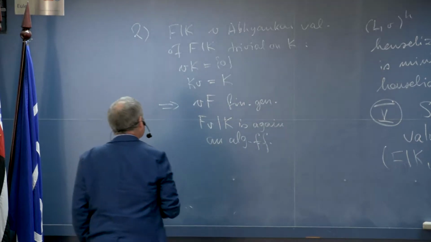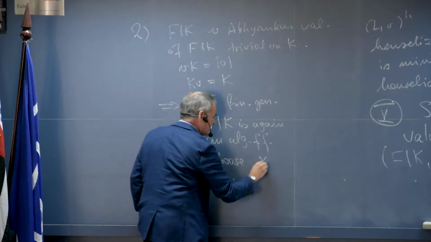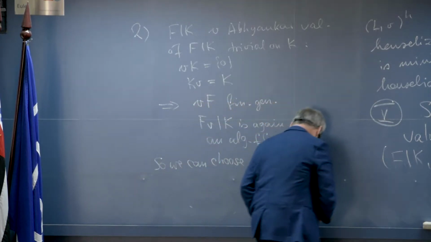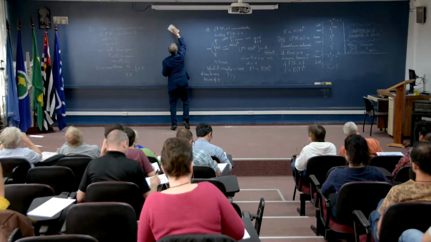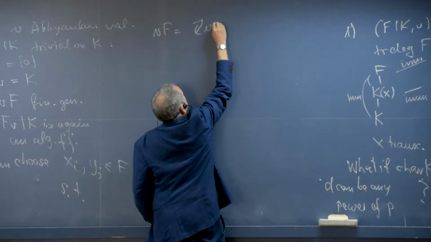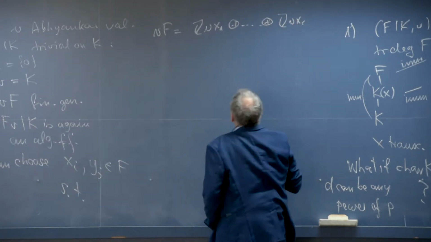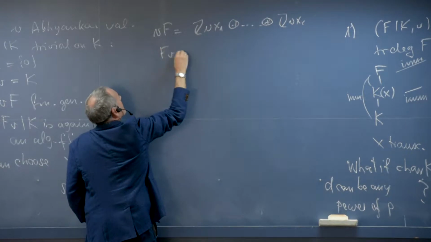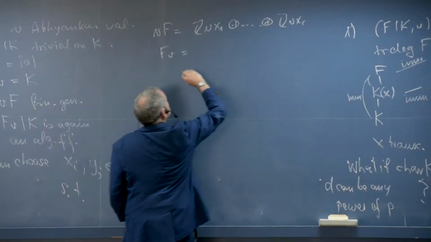Okay, so we can do the following. We can choose finitely many elements xi in F and yj in F such that our V of F is Zv(x1) direct sum up to Zv(xr), and that k Fv is, okay, we choose the y's such that we get the transcendence basis generated by the residues.